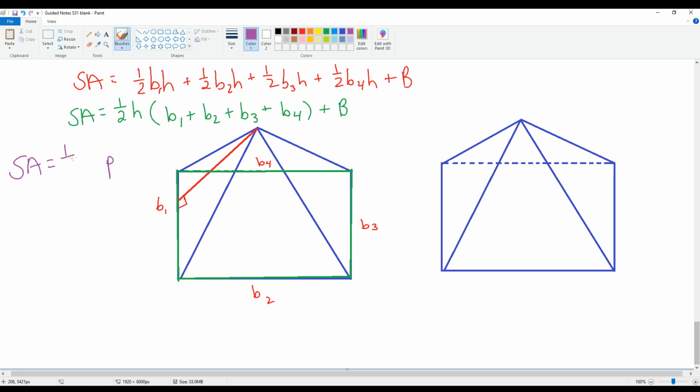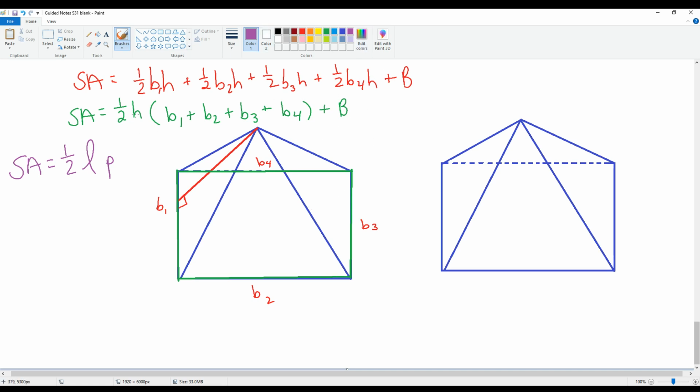The 1/2, that's going to stay there. And this little h for the h of the triangle, so that it's not confusing having all of these h's in the same problem, we're going to call this with a lowercase cursive l. And that is the symbol we use for slant height. So the slant height is this line here in red.